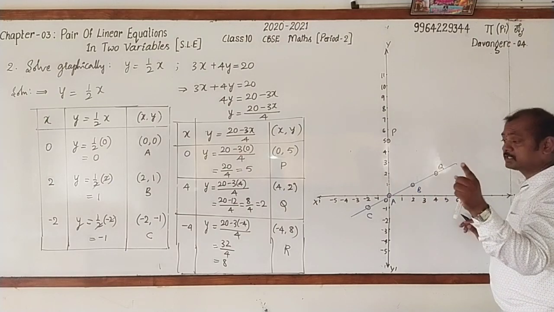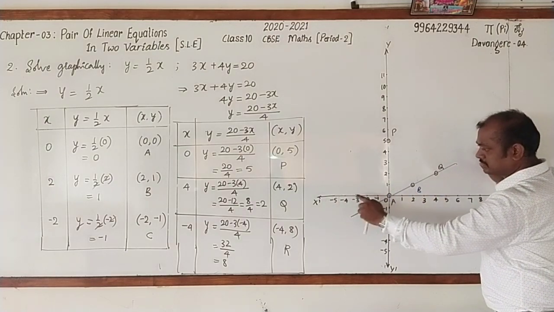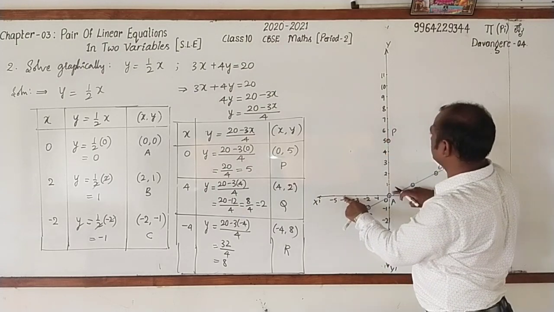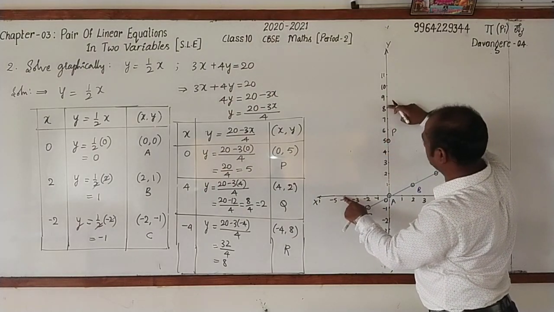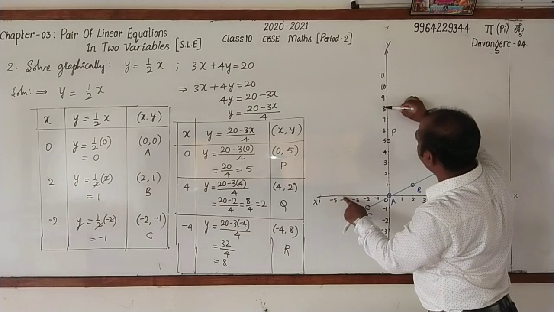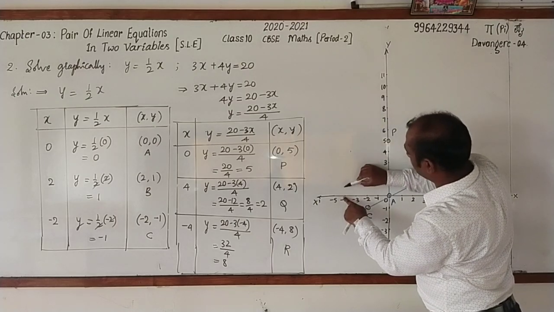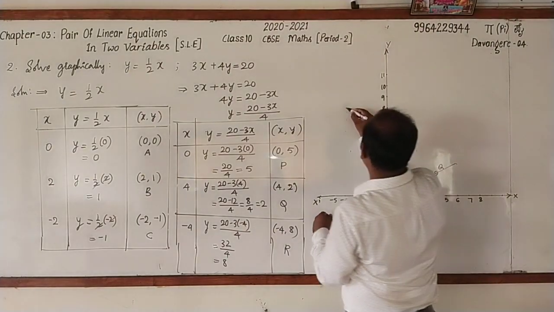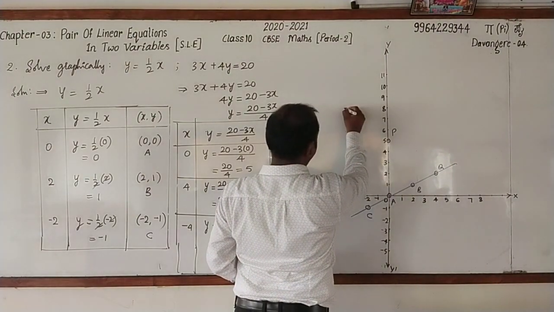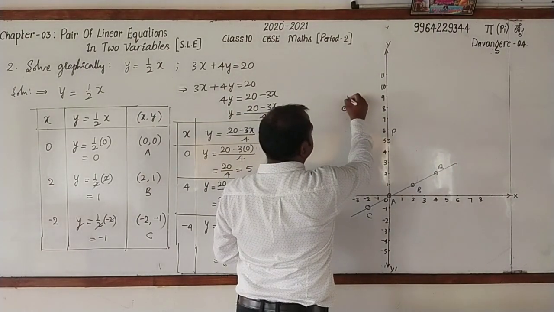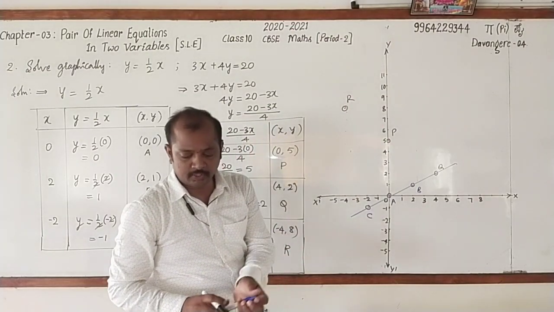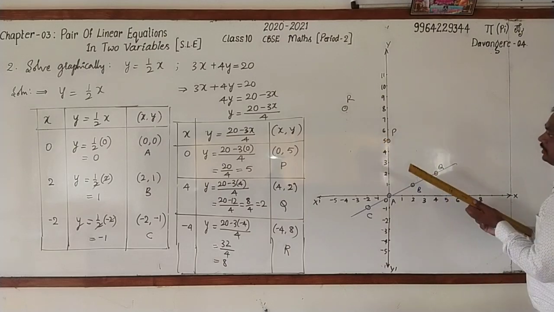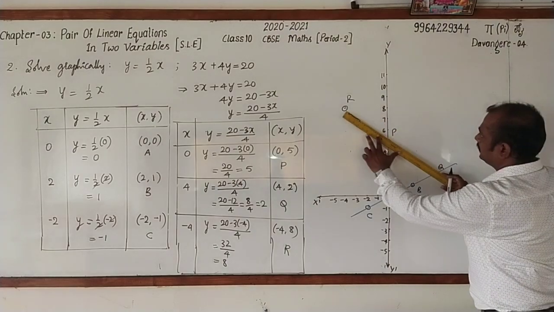See that on the x-axis, minus 4 is here. On the y-axis, plus 8. Let us go for marking that point. That comes here, and this is R. Let us join P, Q and R. Observe. P, Q, R.